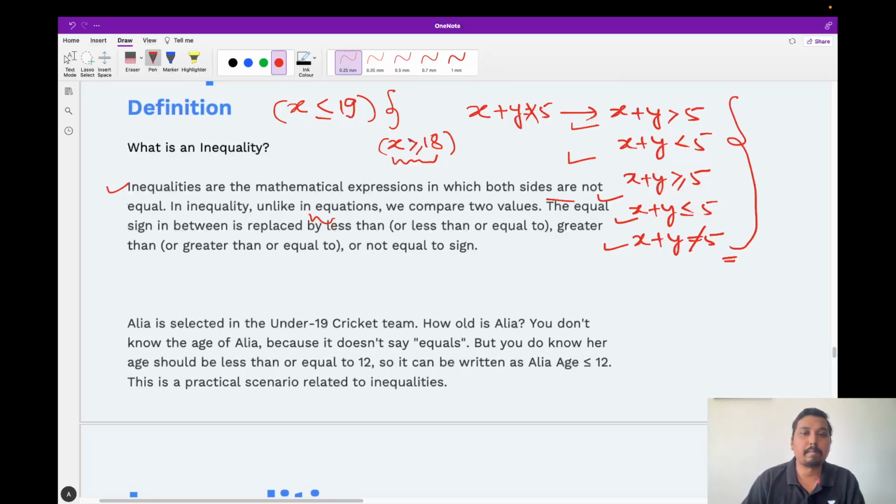Either of the things can happen based on the condition. I'm just giving an example. If this is the case, understand this: less than or equal to 19 means it can be 19, greater than or equal to 18 means it can be 18 or 19. So with these conditions, I'll get two answers. Either Alia can be 18 or 19. If I remove this symbol, my answer will change. She can only be 19. This will go out of the picture.